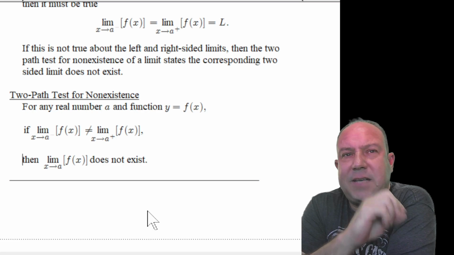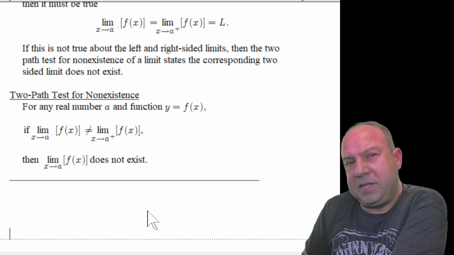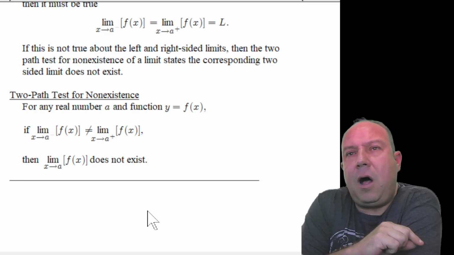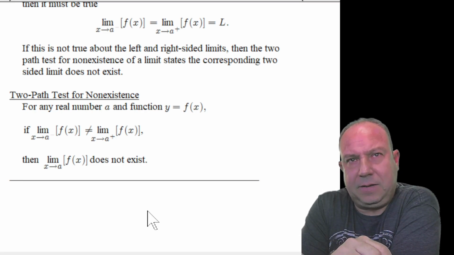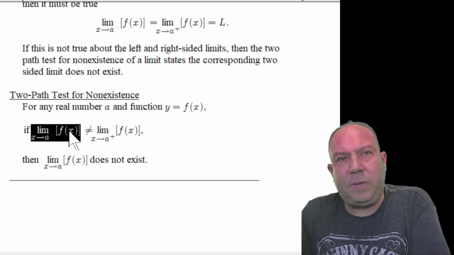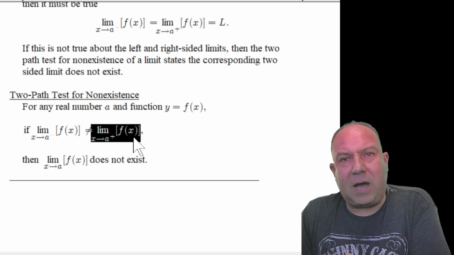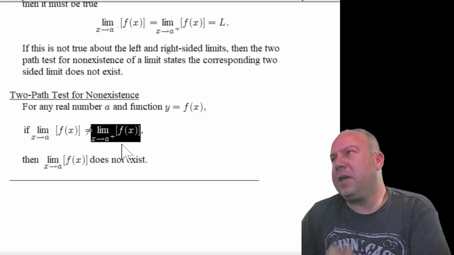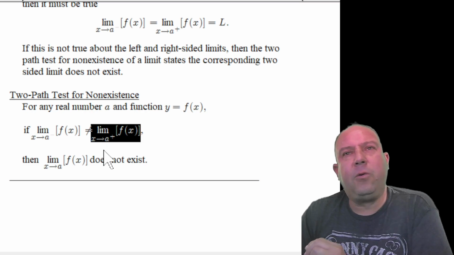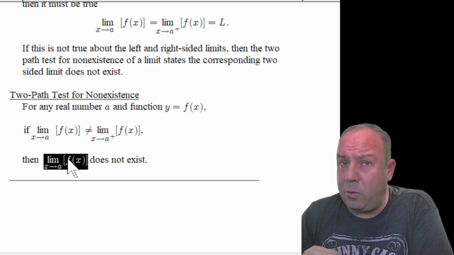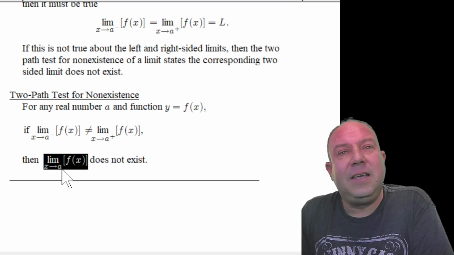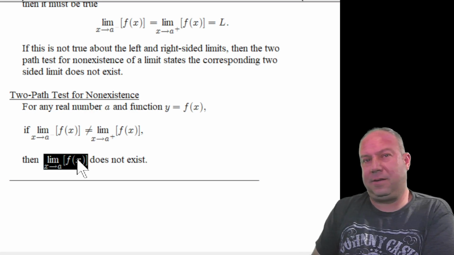One thing we can also say from this idea is that the one-sided limits can always be evaluated. The left-hand limit can always be evaluated, and the right-hand limit can always be evaluated. The one limit that can't always be evaluated, and where we say does not exist, is the two-sided limit.